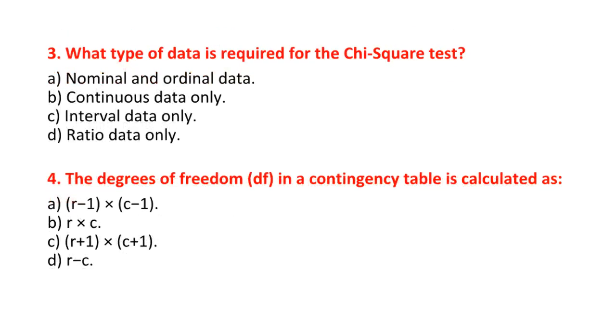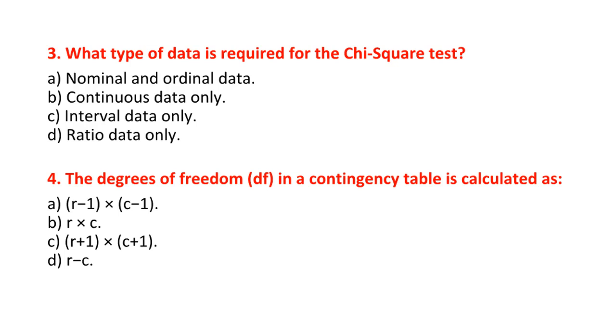3. What type of data is required for the chi-square test? A. Nominal and ordinal data. B. Continuous data only. C. Interval data only. D. Ratio data only. Answer, A. Nominal and ordinal data. 4.